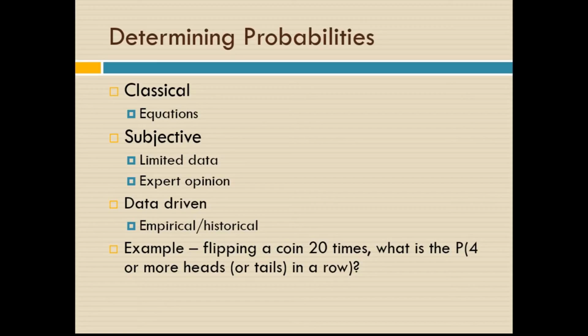A run is when we get consecutive heads or consecutive tails. So if the very first flip is a heads, and the next one is a heads, and the next one is a heads, and then the fourth one is a tail, I just had a run of 3. And I want to know what is the probability of getting a run of 4 or more out of 20 flips of a coin.